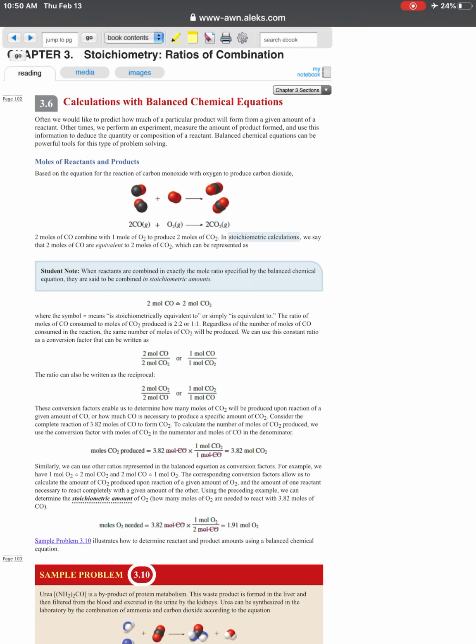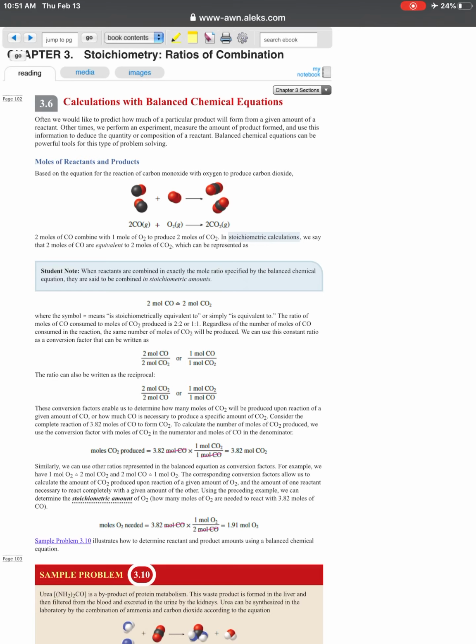Okay? There's a relationship which is called a stoichiometric relationship. Stoichiometric just means measuring elements. The stoichiometric relationship is between substances in a chemical equation.